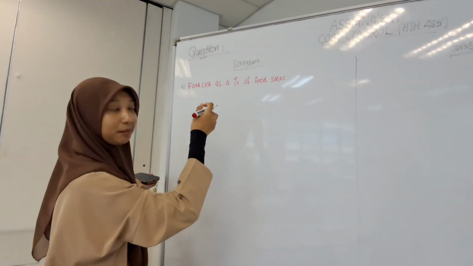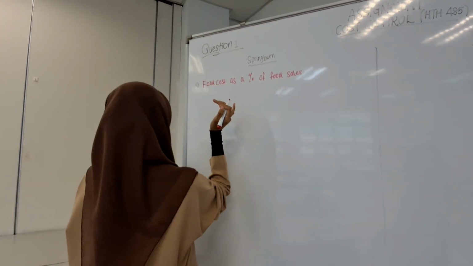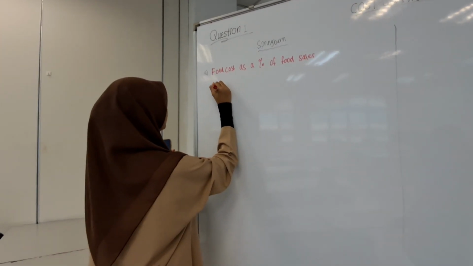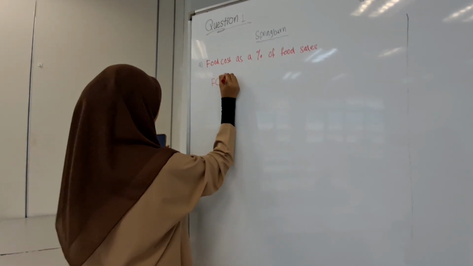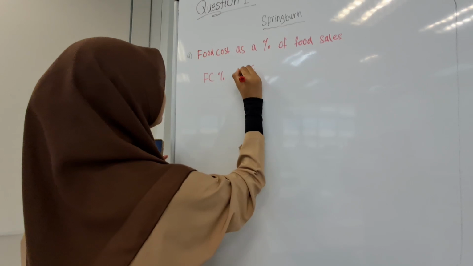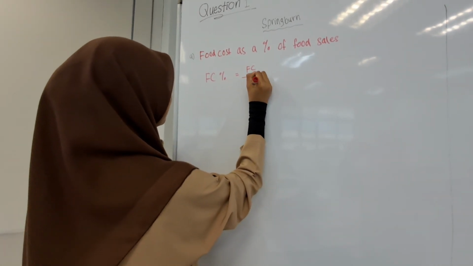For Springburn restaurant, the formula for the food cost percentage is food cost divide food sales.